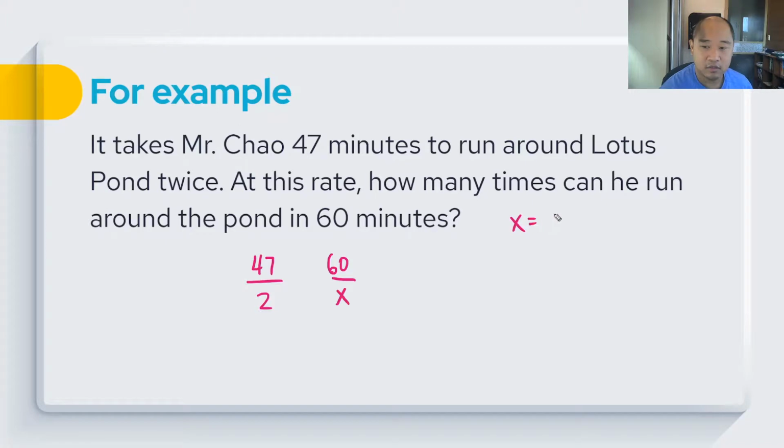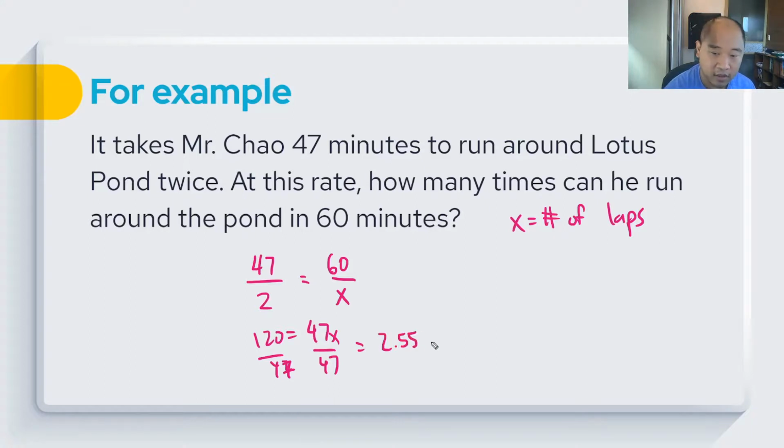So x equals number of laps. 120 equals 47x. Oh, I don't want to do this. Get out the old trusty calculator. 120 divided by 47 is equal to 2.55 laps.